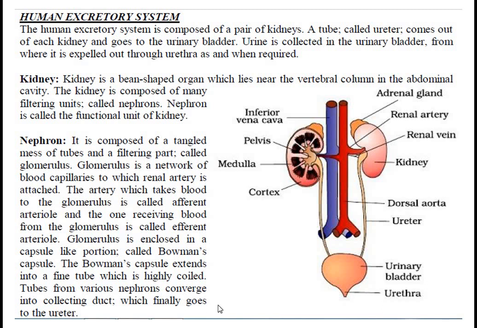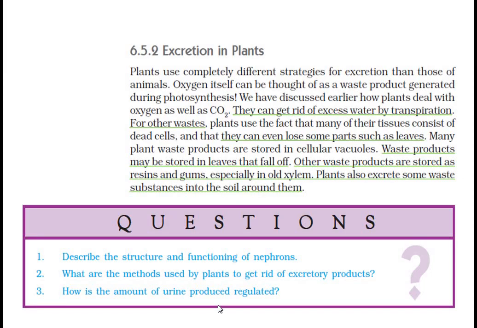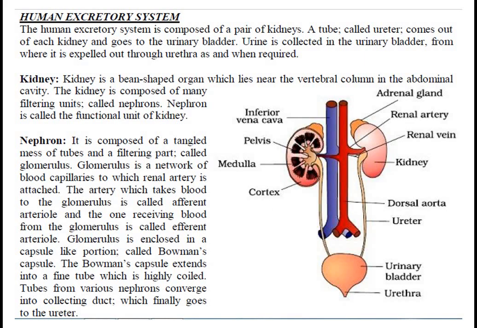Next is excretion in plants, which we are going to learn in the next video. Before that, I want to tell you one more thing. Nephrons are the excretory units in kidneys.